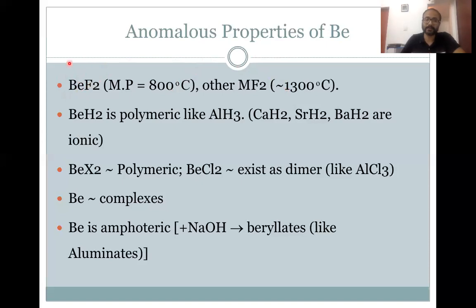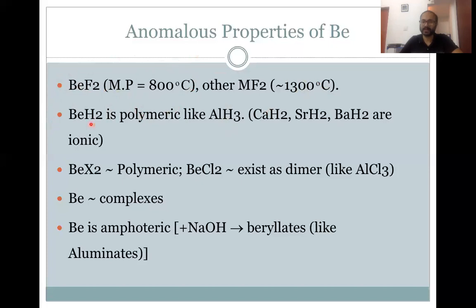So beryllium compounds are more covalent in nature rather than ionic. Being covalent makes the melting point lower in comparison to ionic compounds, because we know that ionic compounds exhibit higher melting points. That is why you see a lowering of the melting point in the case of beryllium fluoride.